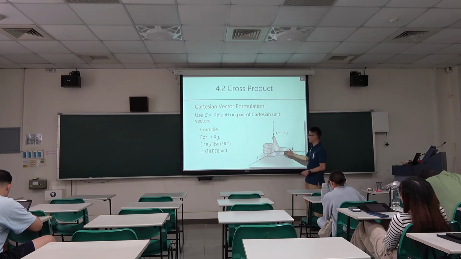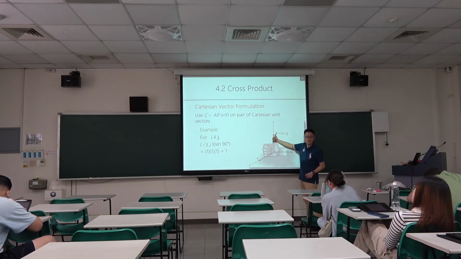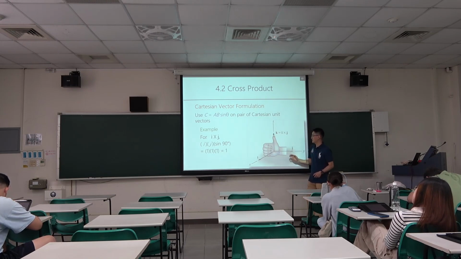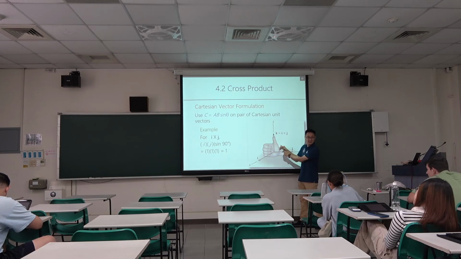So i cross j: i this way, cross j, I rotate to j, gives us k direction. The same approach, j cross k gives us positive i.